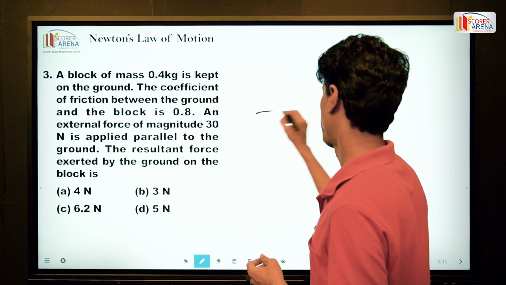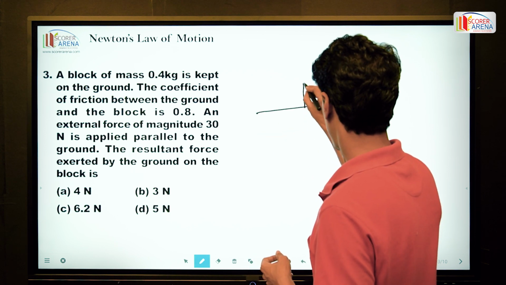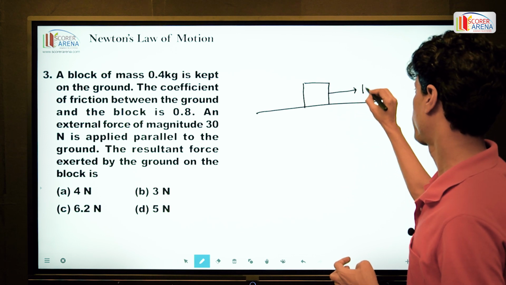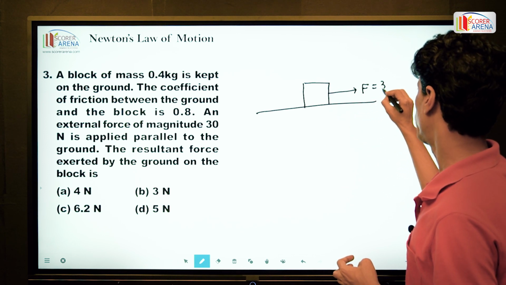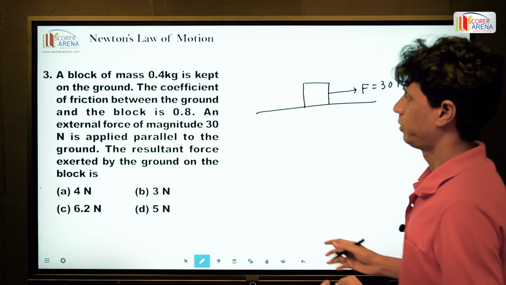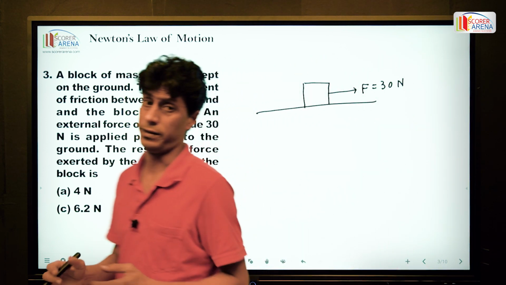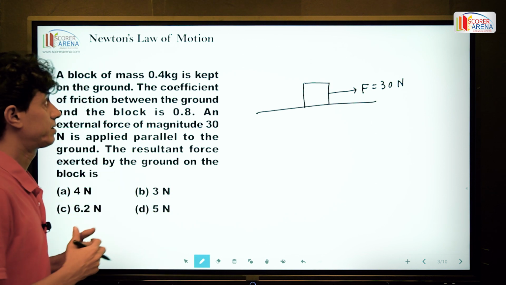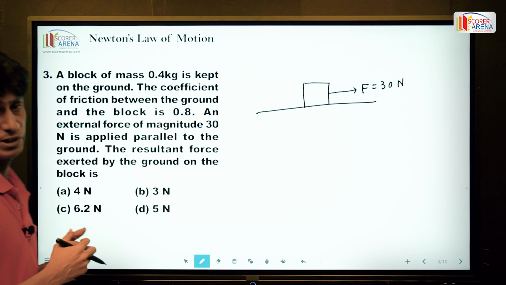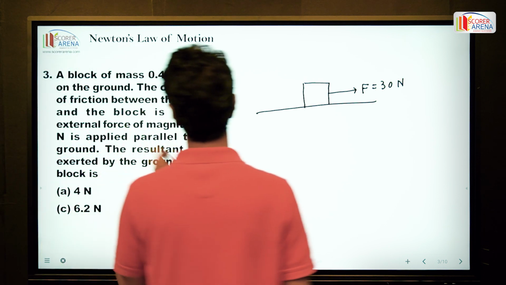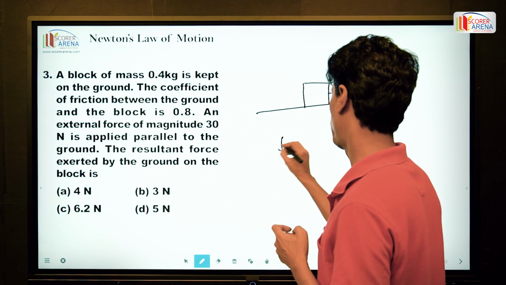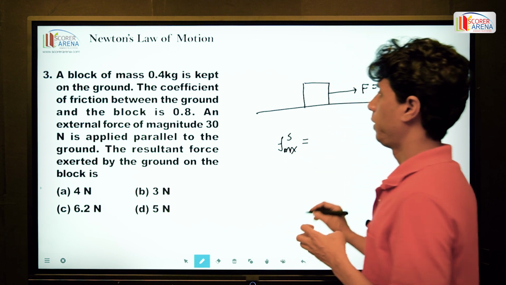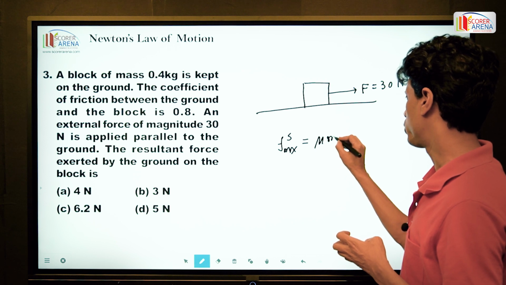Here, the force applied on the body is 30 Newton. So before calculating anything here, we always have to check what the maximum static friction is. Maximum static friction in this problem is mu mg.